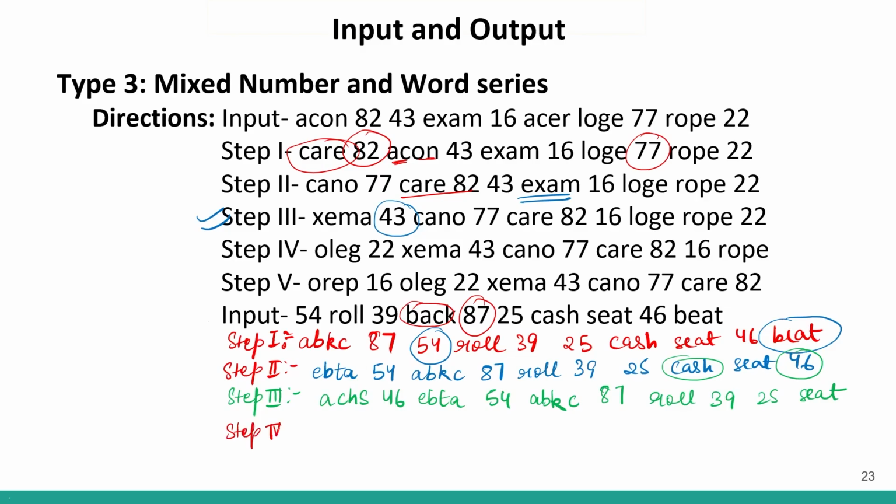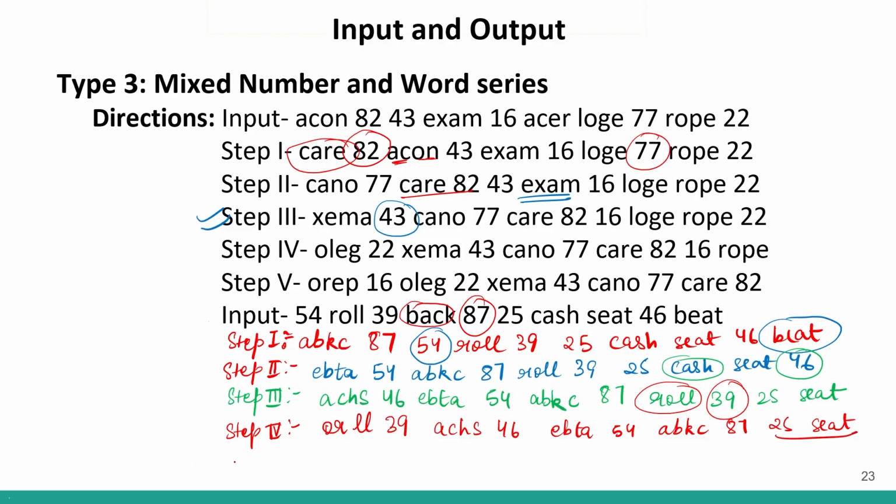Step 4. If I look over here, the next smallest number is roll and the largest number is 39. So ORLL, 39. Then we will have ACHS, 46, EBTA, 54, ABKC, 87 and 25 and seat. Now only these two are remaining. So let us arrange them also. Step 5.